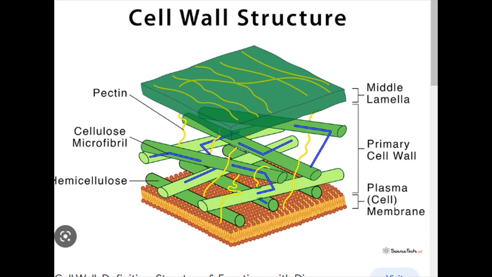Then we also spoke about the surface of the colony, that it can be described as concave, convex, or flat. And it can be smooth and it can be rough. Then we moved on to the cell membrane, and I told us about the bacterial cell membrane.